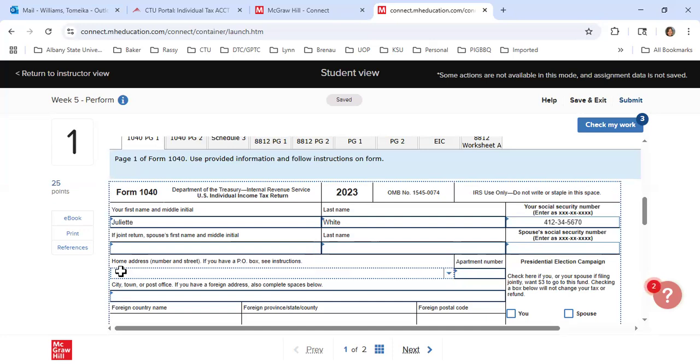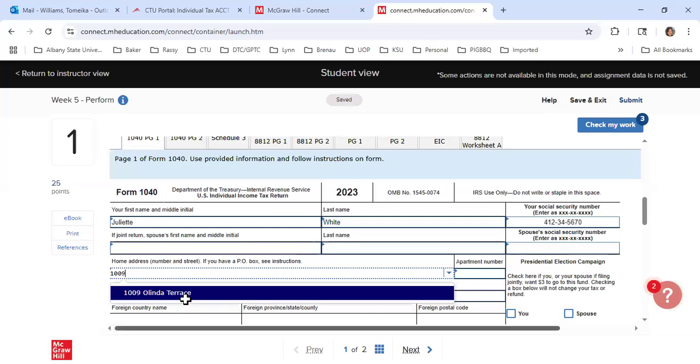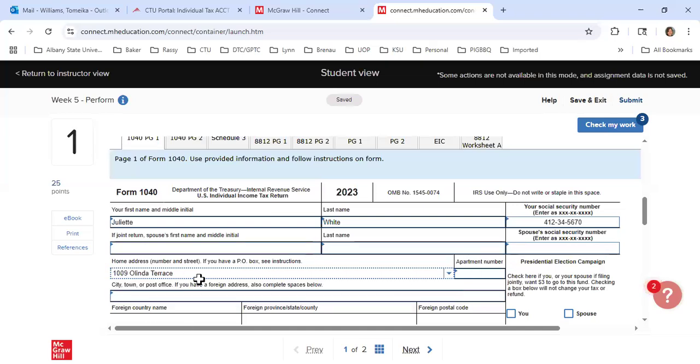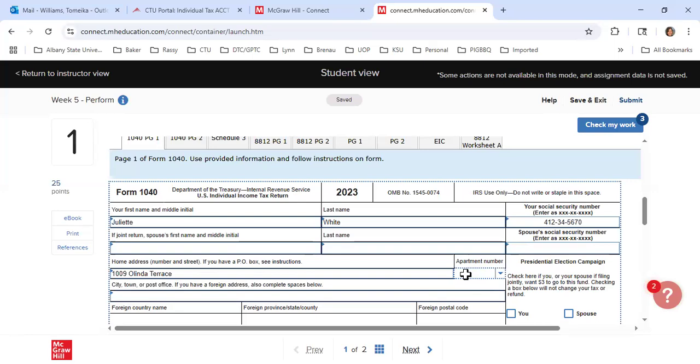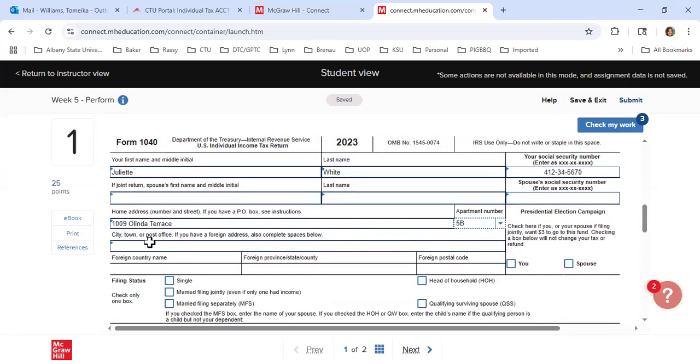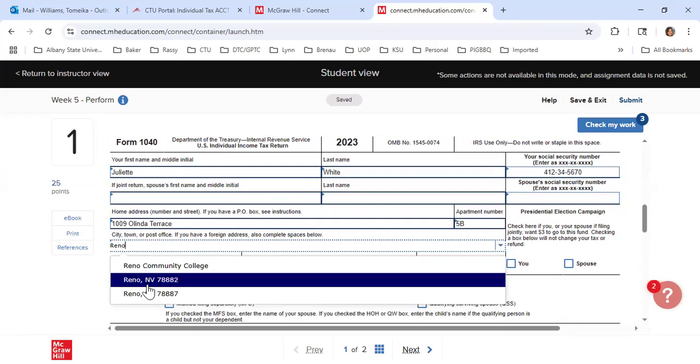The home address, and be very careful with this address because there are 2 addresses in this problem that are for Nevada. However, you want to choose the one with the right zip code. It's Reno, Nevada. So 1009 Olinda Trace. This is apartment 5B. And the city is Reno, Nevada.